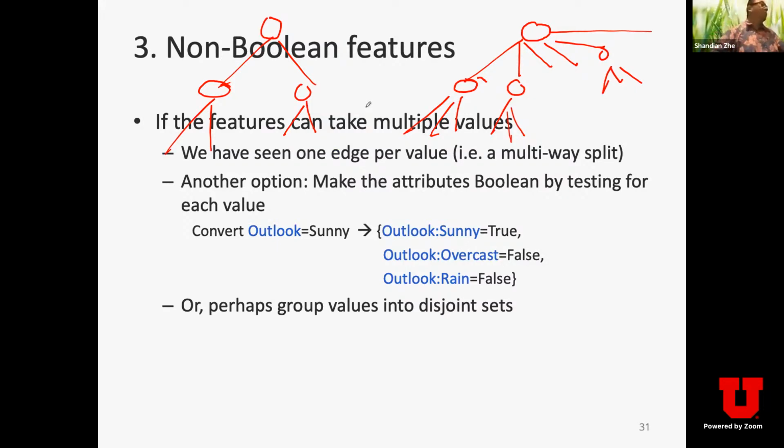Can you draw a decision tree for this? Okay. For example, if you convert your outlook attribute to 3 binary features, that means in your 14 examples data set, you don't have the outlook feature anymore. You have 3 additional binary attributes.